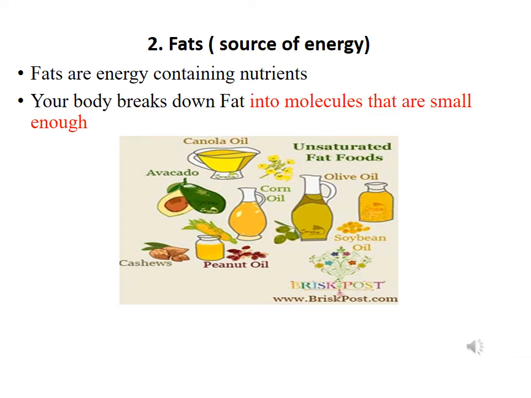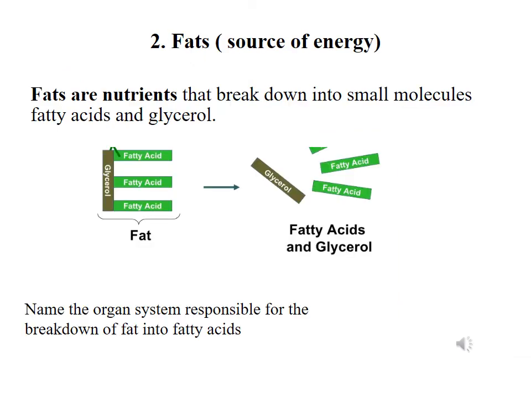But what are these molecules? These small molecules are called fatty acid and glycerol. So each fat molecule is made up of 3 fatty acids linked to one glycerol. When you eat food rich in fats, your body will break it down into 3 fatty acids and glycerol.